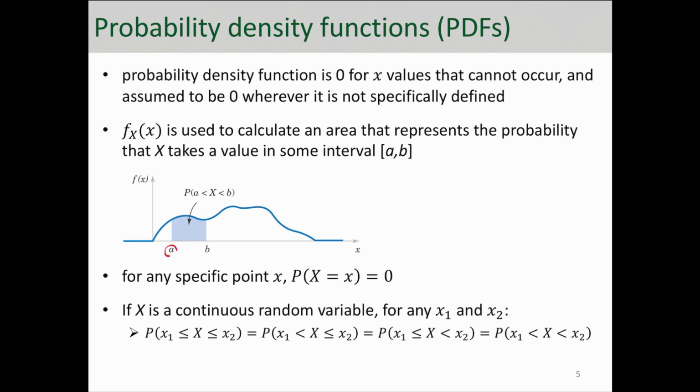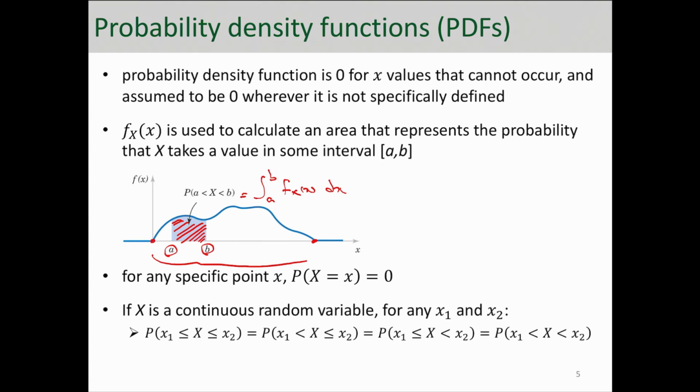If you want to calculate the probability of x between a and b, where a and b are two values within the range of this random variable, you have to integrate from a to b over the PDF function. That integration essentially gives you the area under the curve, and that represents the probability of that random variable being between a and b.